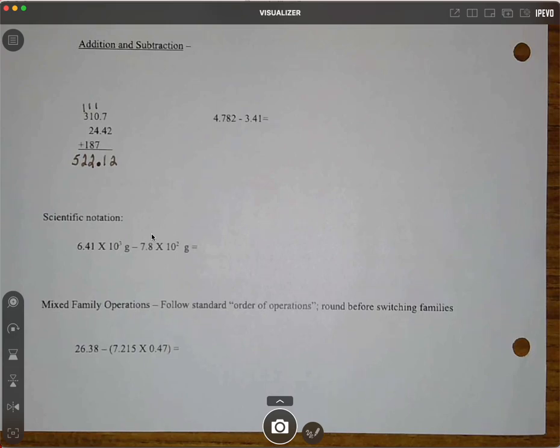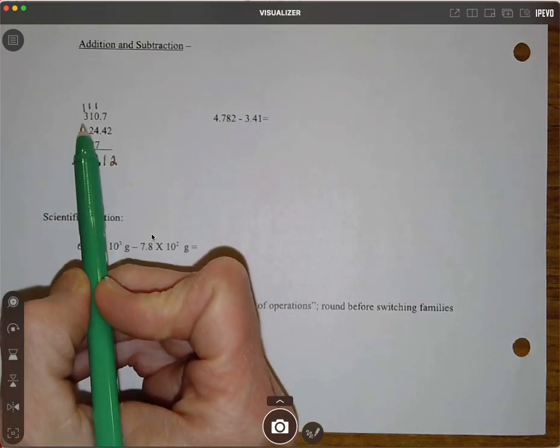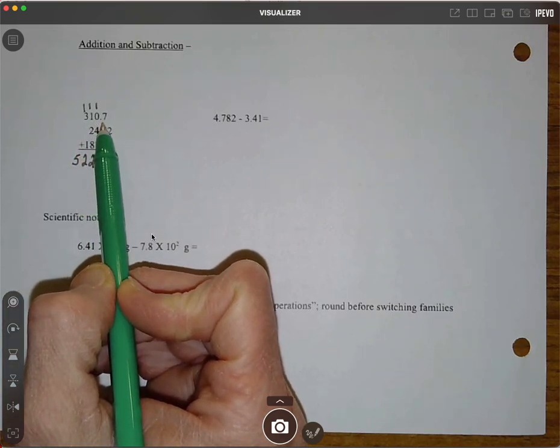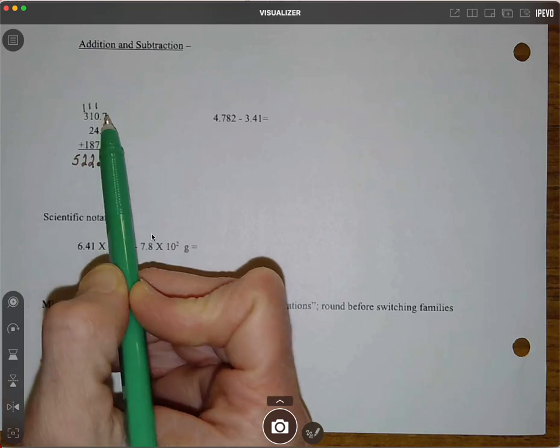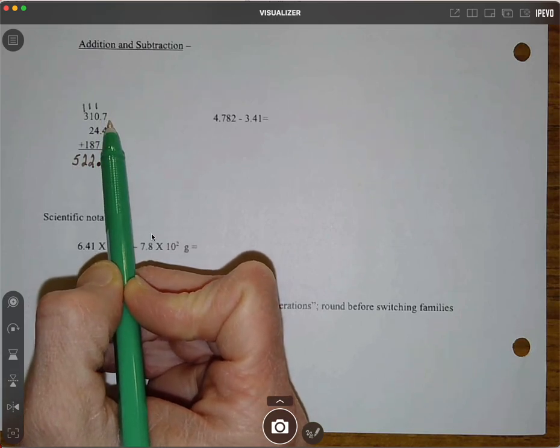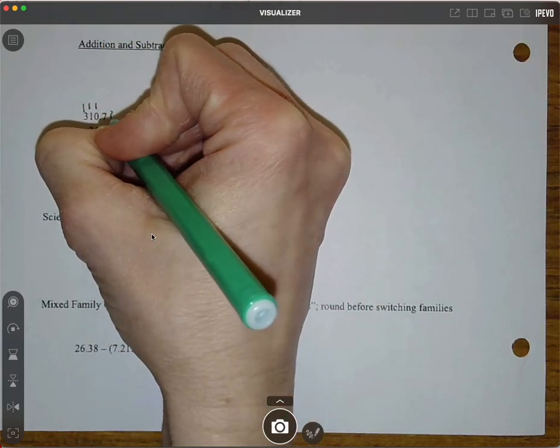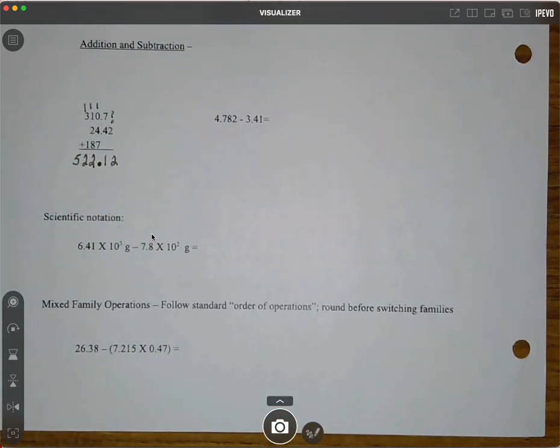Okay, now let's really be honest about what's going on. This is 310.7-ish. What's actually here? Yeah, we don't know. The 7 was a guess, and so anything after the 7 is really a big guess.